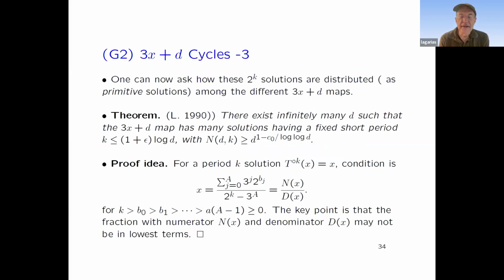The interesting thing that's new when you vary 3x plus d is you can now vary d, and some d will have a lot of periodic orbits. There's a theorem where you show that there's some d that have almost d independent periodic solutions, and then there are others that don't seem to have many. Next slide.